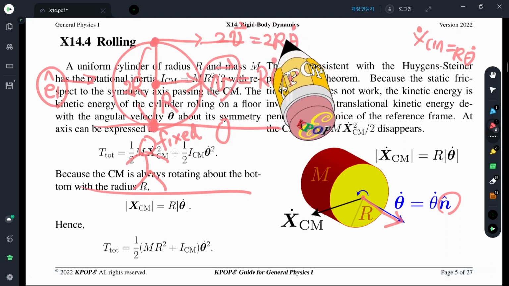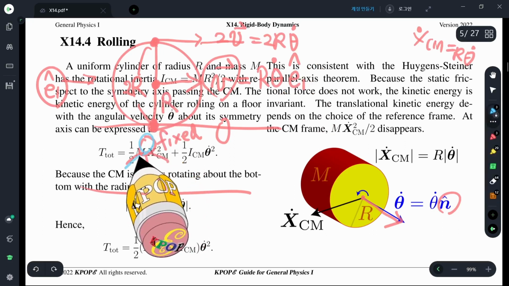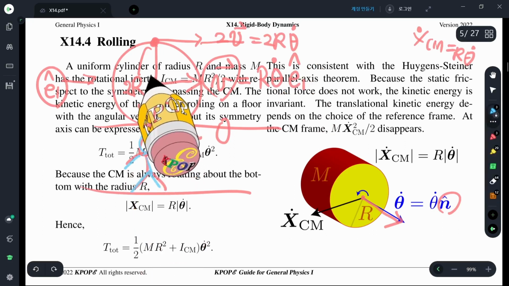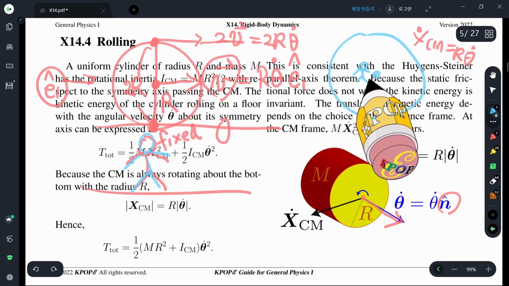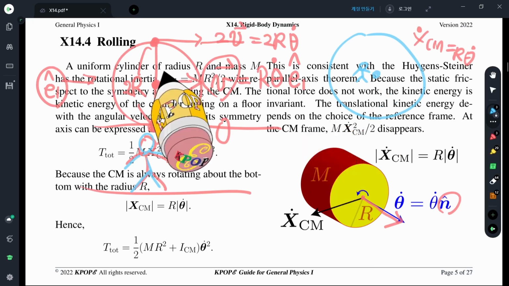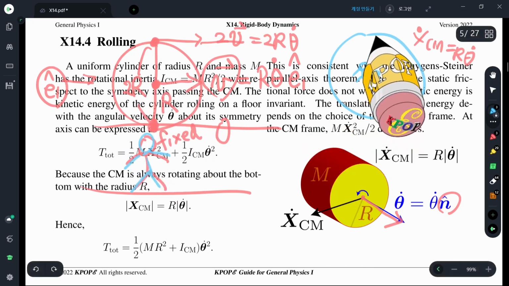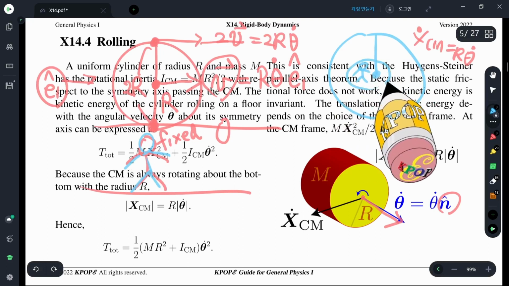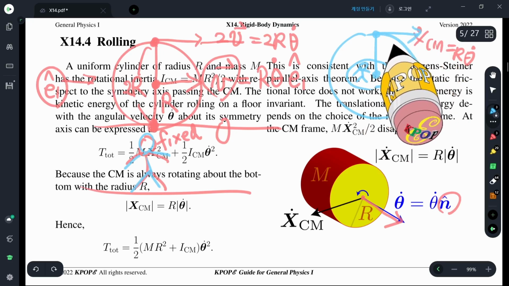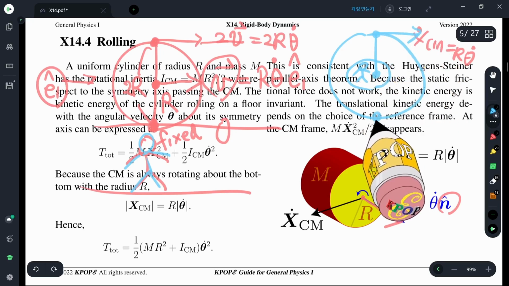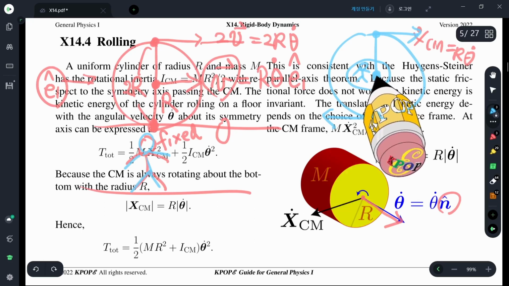We can make a Galilean transformation to transform yourself to the frame where you are fixed at the center. In that case, the rotation rate theta dot is invariant. However, to you at the center, the top is going forward and the bottom is going backward, and you are at rest.